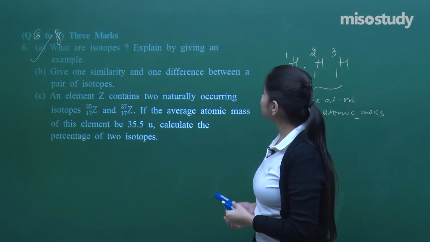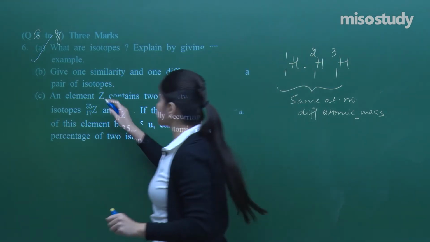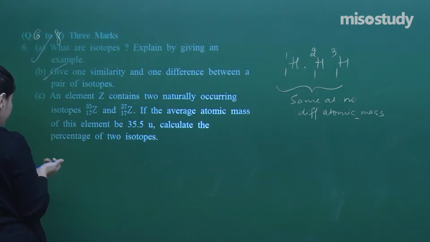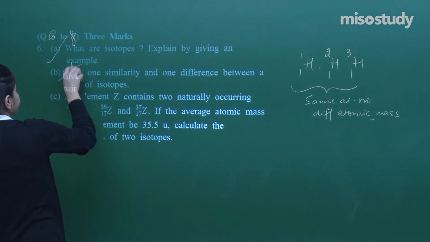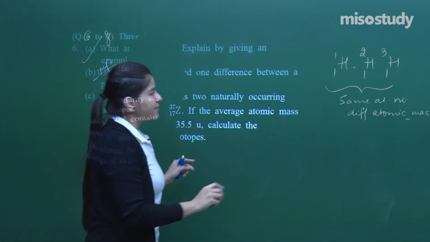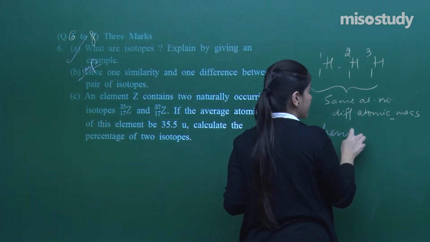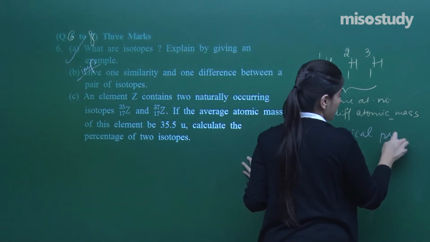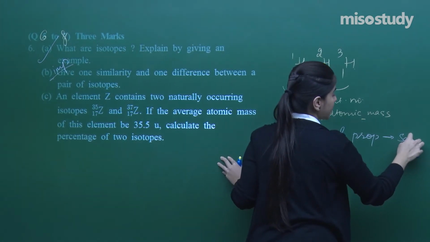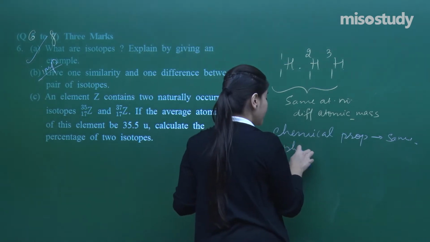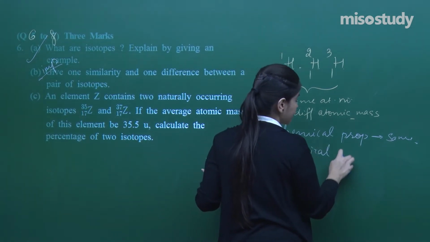Give one similarity and one difference between the pair of isotopes. This is important. Mark this as important. The similarity is that the chemical properties are the same, whereas the physical properties are different.